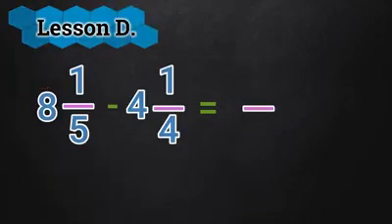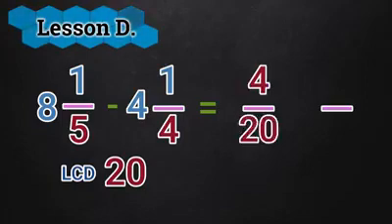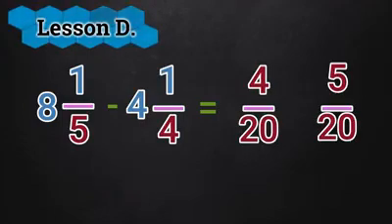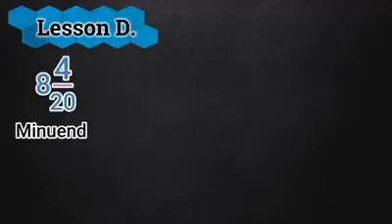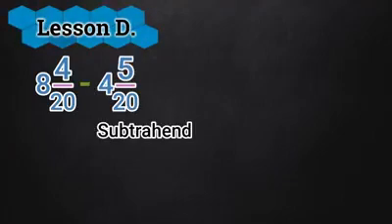The LCD of 5 and 4 is 20. 1/5 and 1/4 will become 4/20 and 5/20. Our new minuend is 8 and 4/20, and the new subtrahend is 4 and 5/20.